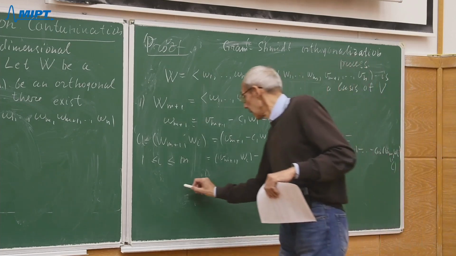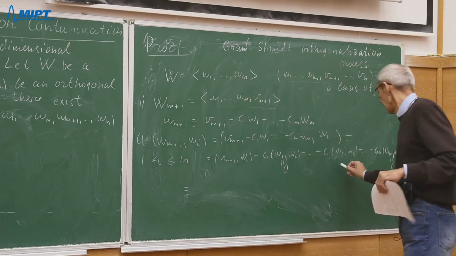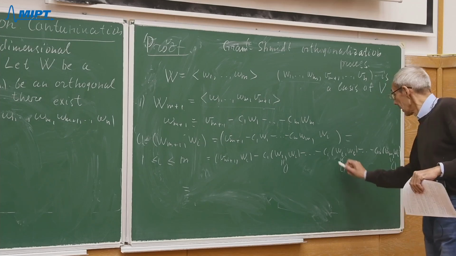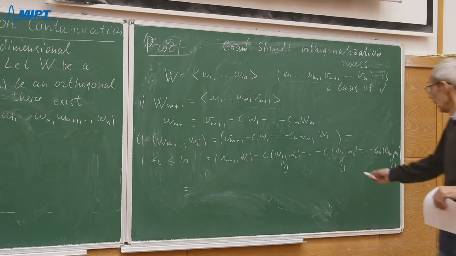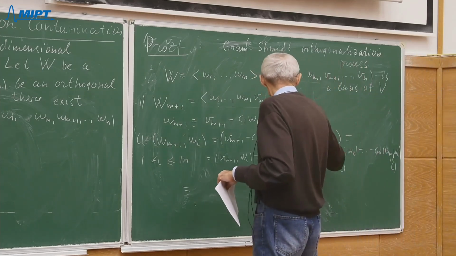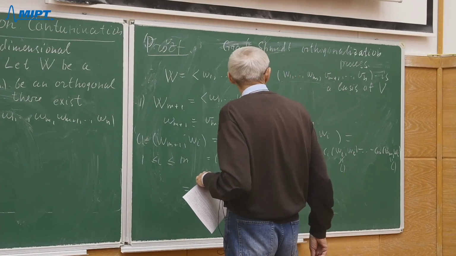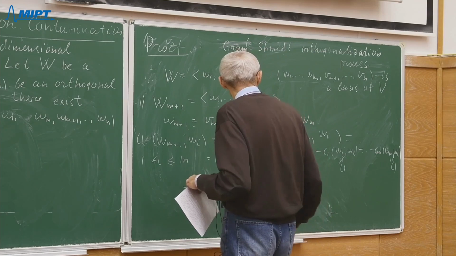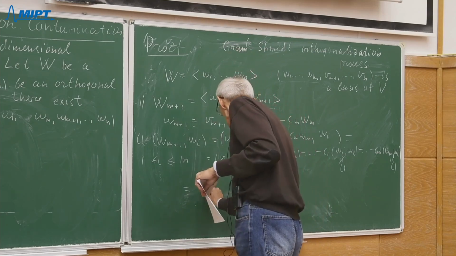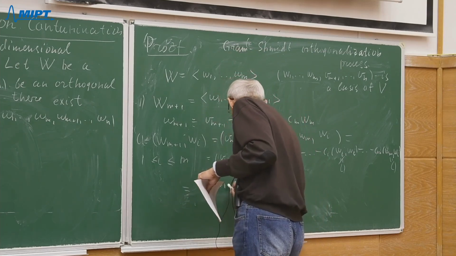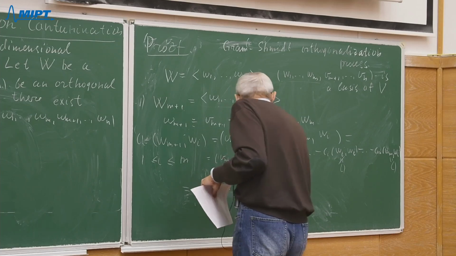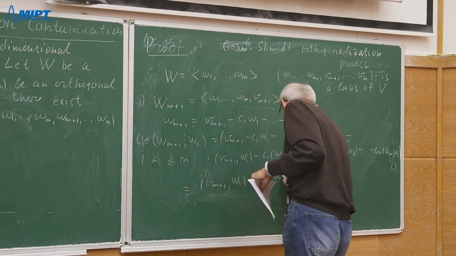And we have only one non-zero element, Ci times scalar product, scalar square of Wi, and we obtain the following expression.